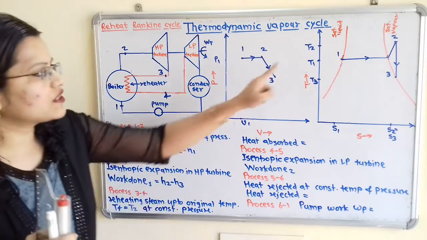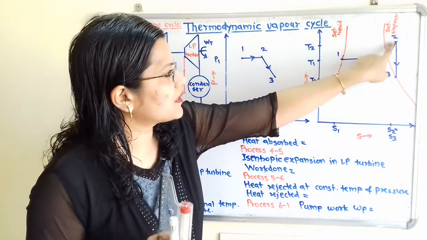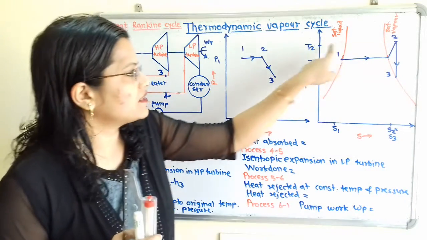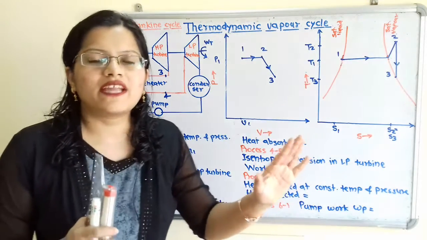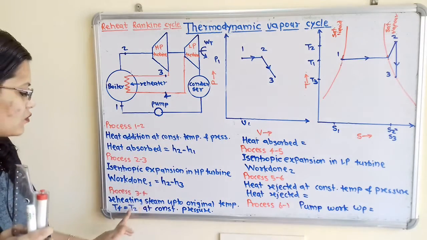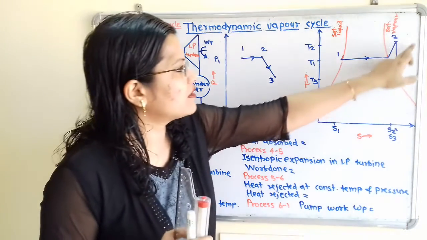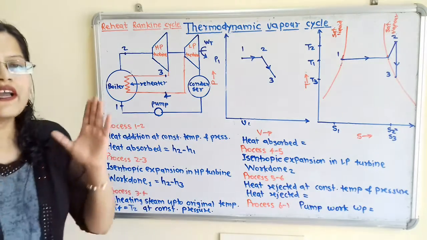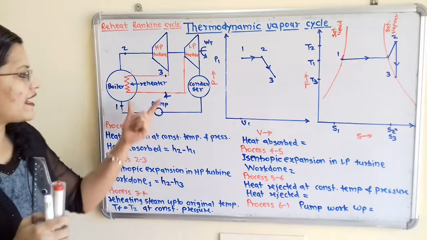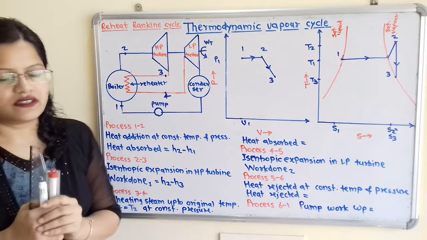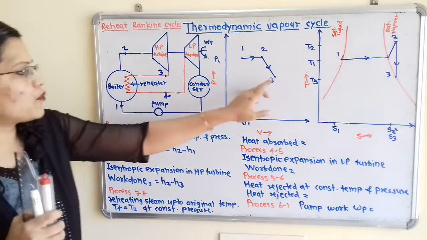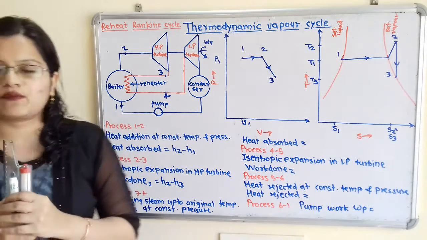Now if we observe this diagram, temperature of superheated steam is at point 2, that is T2. So we have to take T4 is equal to T2, and this process we have to take at constant pressure, that is pressure at point 3 is equal to pressure at point 4.